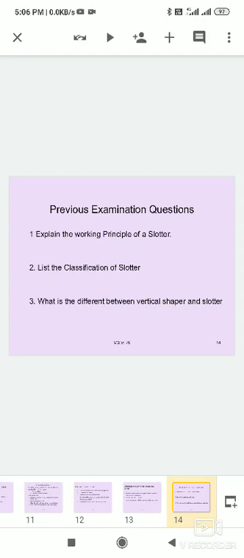The working of a slotter and planer and shaper, the differences are very important, asked mainly in examinations.